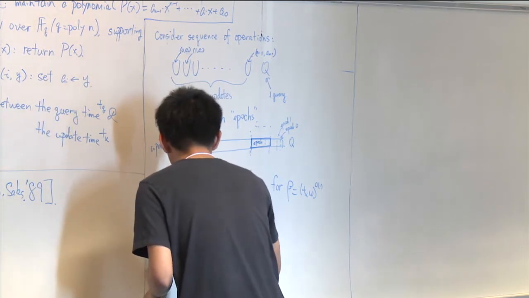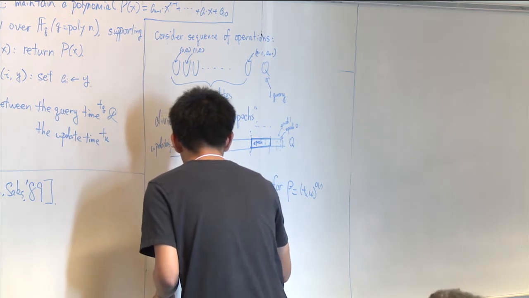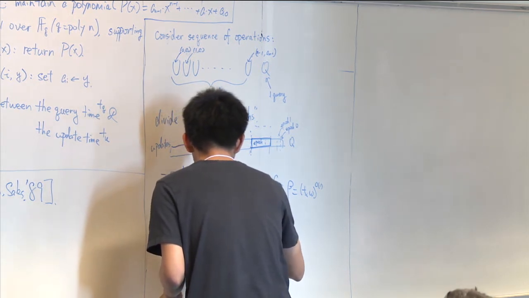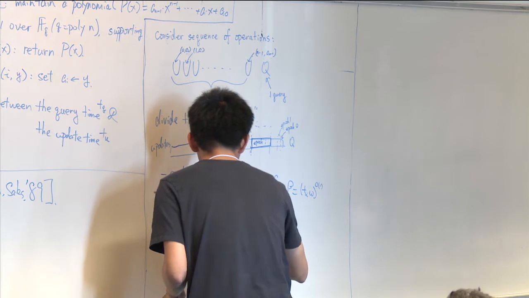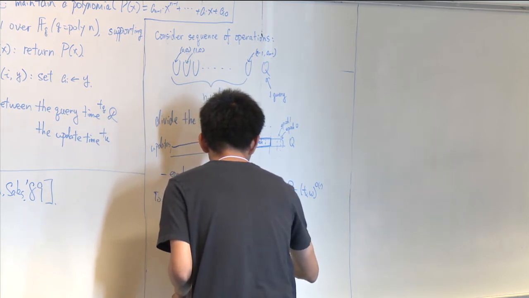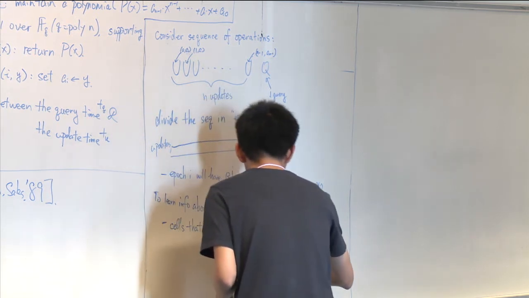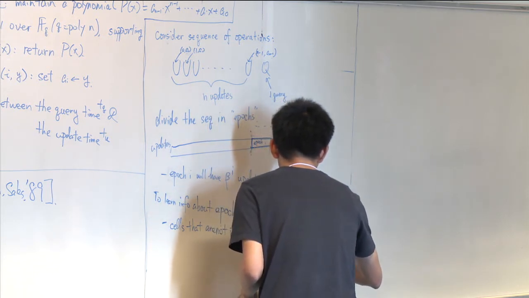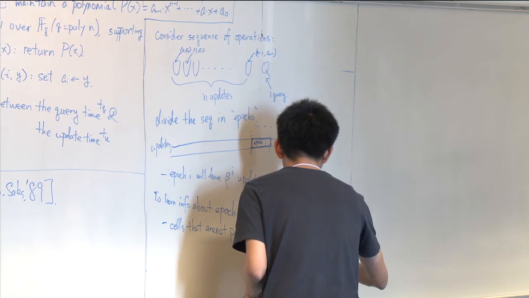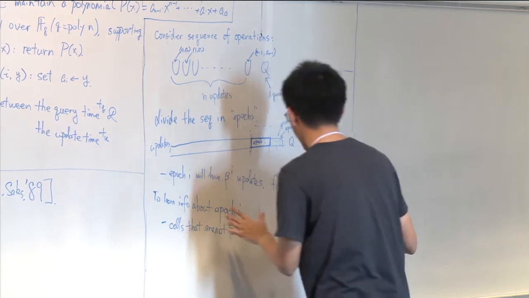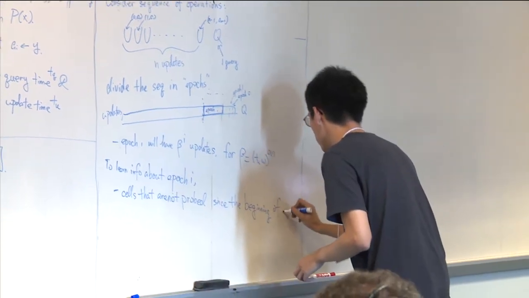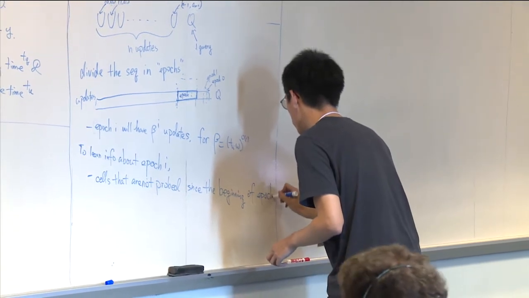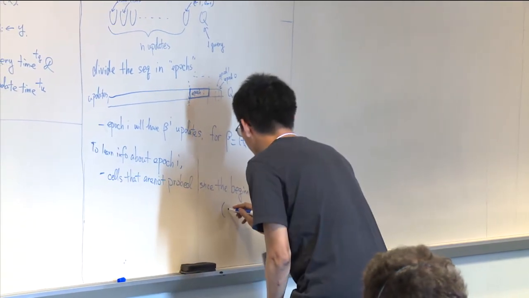So for cells that are not probed since the beginning of epoch i, these are useless for you to learn information about epoch i. So not useful.